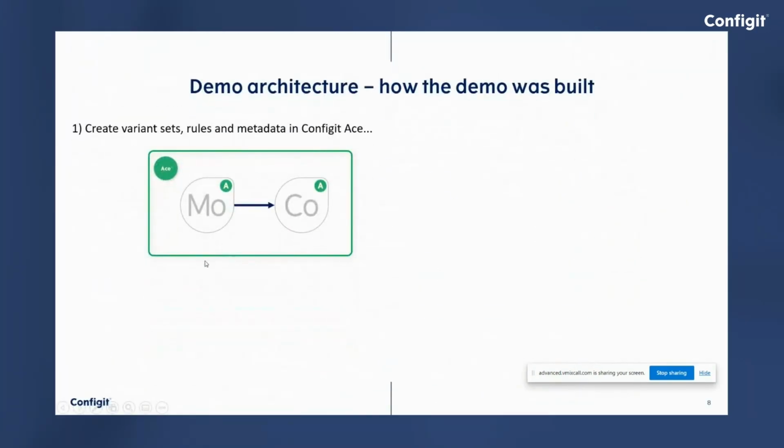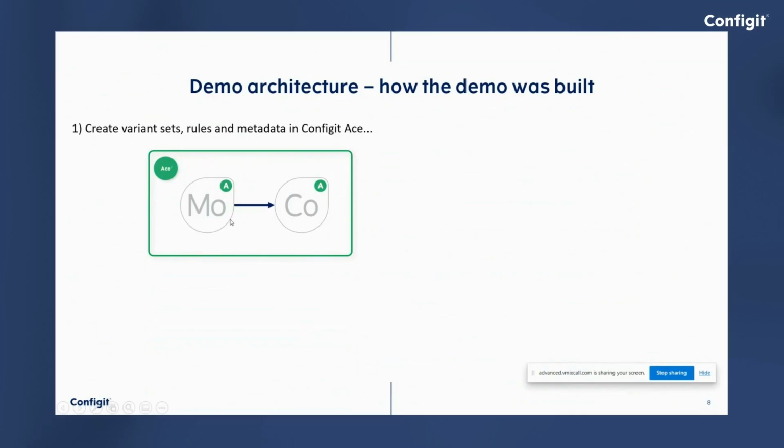Let's briefly go through the last 2 slides to explain the demo architecture, how this model was built. First, you create all the variants, which is the terminology of Unity variant sets, what we call feature families or variables, and the rules and the metadata, the properties in Configit Ace.